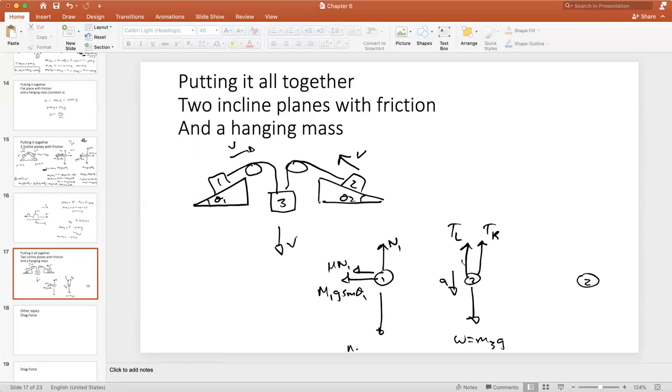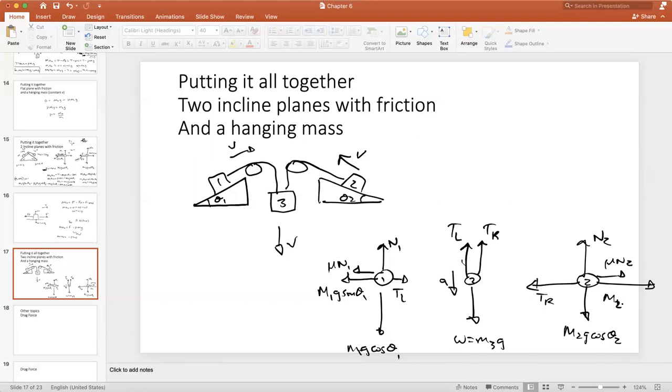It's going to have M1G cos theta 1, and then it's going to have tension left. This one is going to have tension right, and 2 M2G cos theta 2, and mu N2, and M2G sine theta 2. And then you would just write this guy. The only equation you would have, because it's down positive, would be M3G minus T left minus T right.